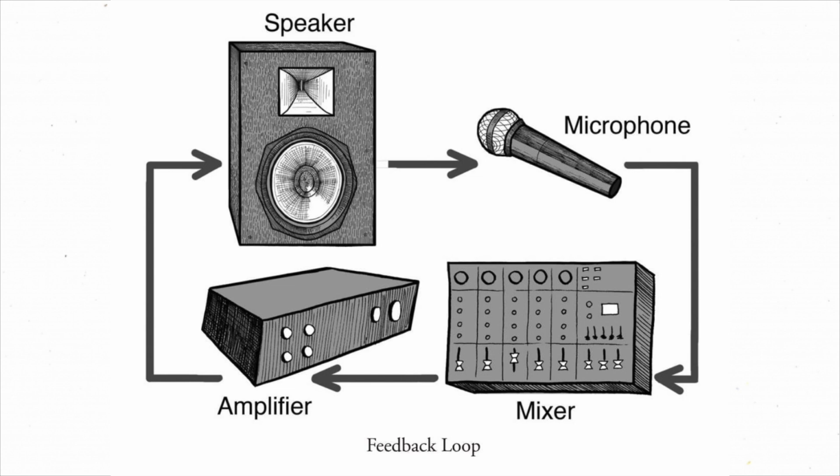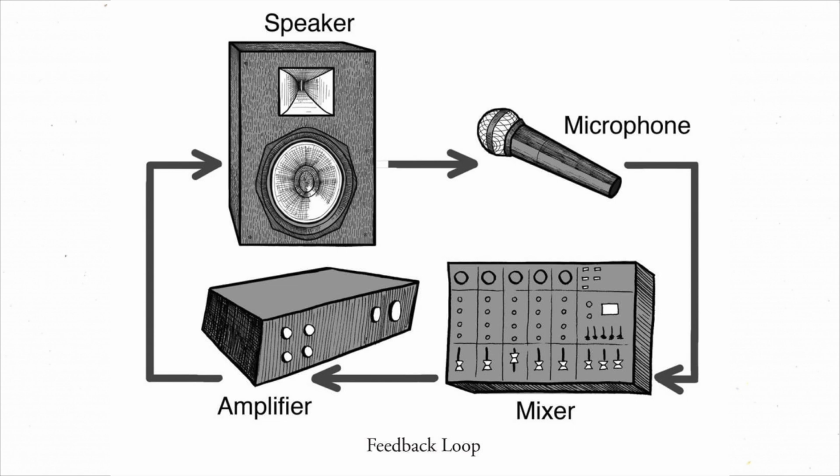So the big question is, how can we stop feedback? Let's first understand why and how it happens. Feedback is the result of sound looping between an audio input and an audio output. In the case of most live sound systems, feedback is caused by the sound present at a microphone being amplified through the loudspeakers, then returning to that same microphone and being amplified again.